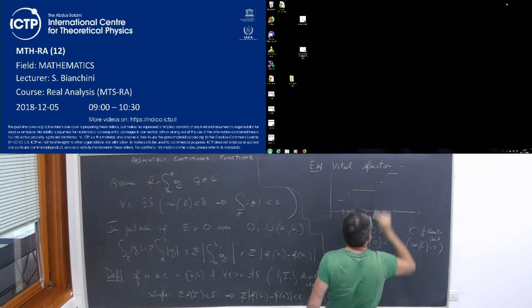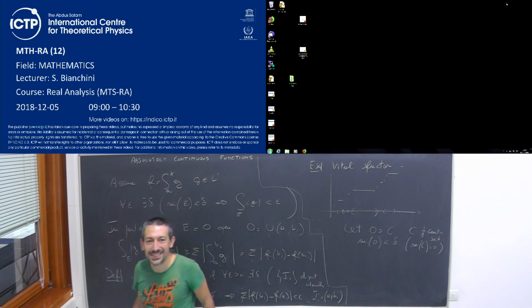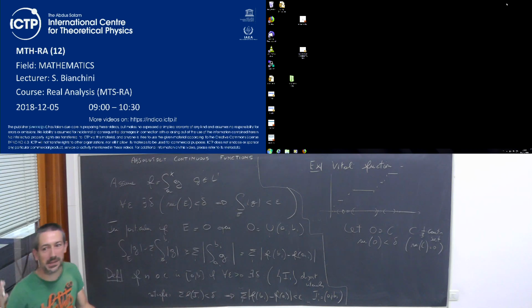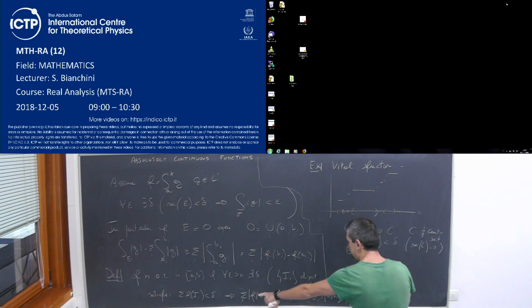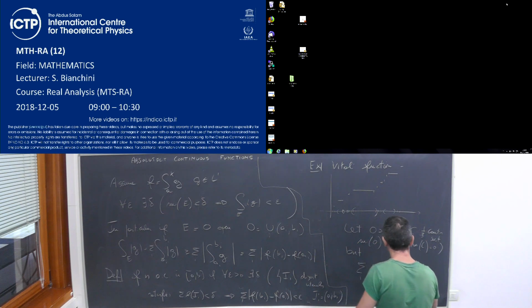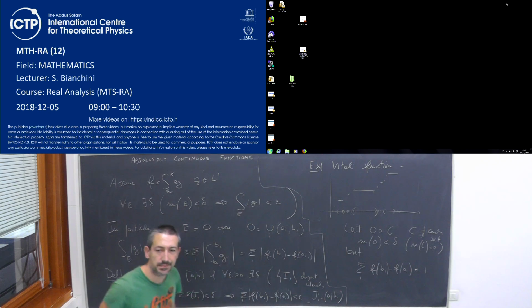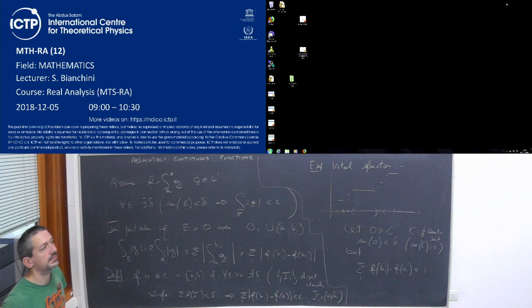The sum of this variation is 1. It's because it's monotone, yes, otherwise it can be larger, but it's 1 in this case. Okay, it's not absolutely continuous.